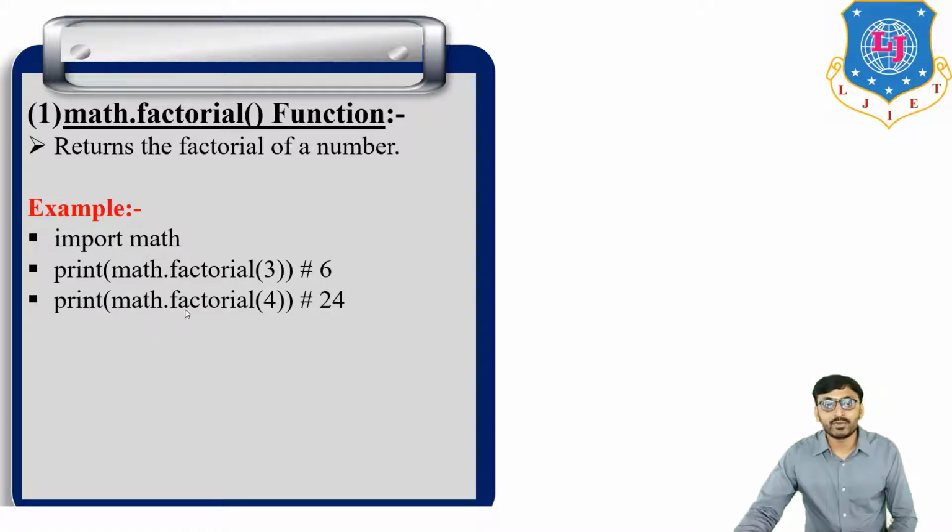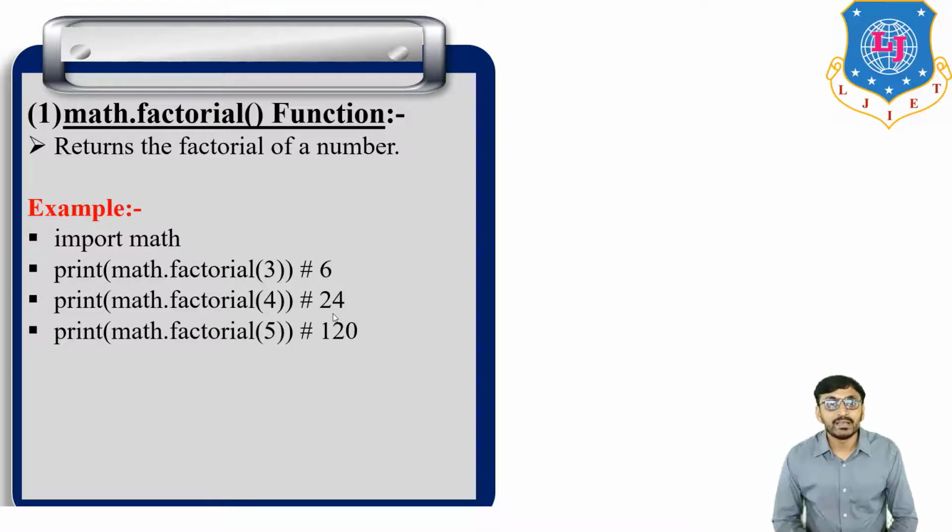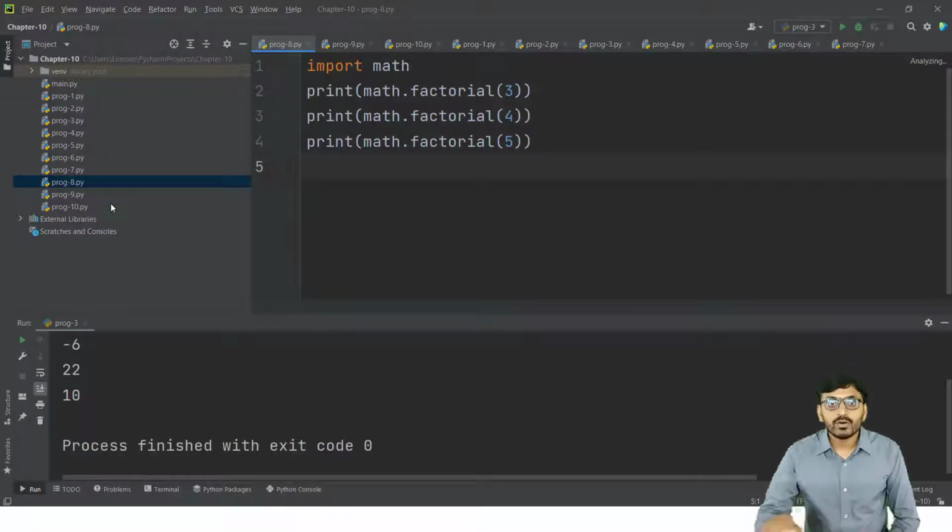Then print math.factorial(4). We find the factorial of 4: 4 into 3 into 2 into 1, the answer is 24. Then print math.factorial(5): 5 into 4 into 3 into 2 into 1, the answer is 120. Now this same program we run in PyCharm.